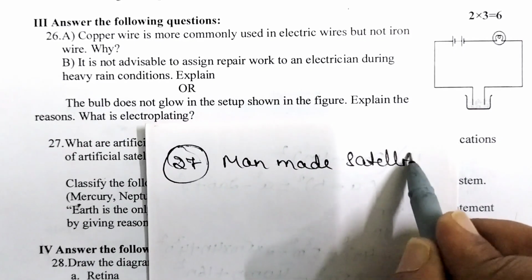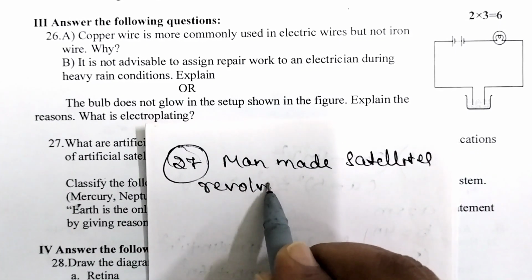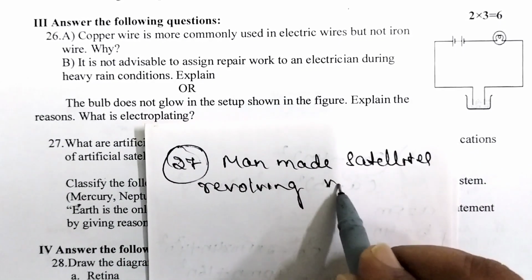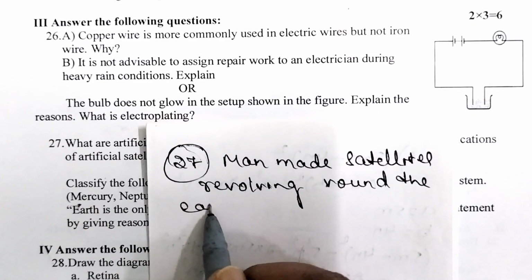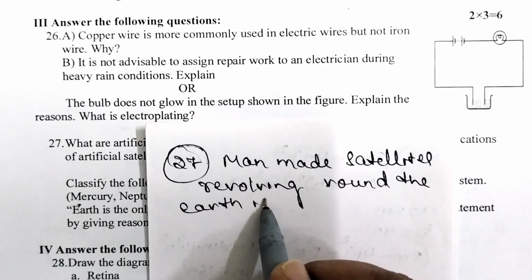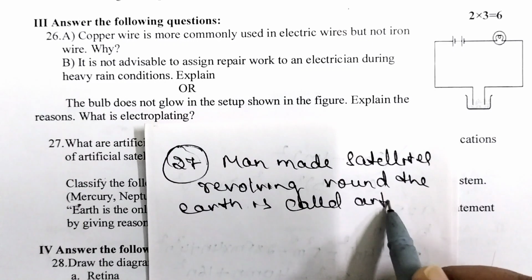Man-made satellites revolving round the earth is called artificial satellites.